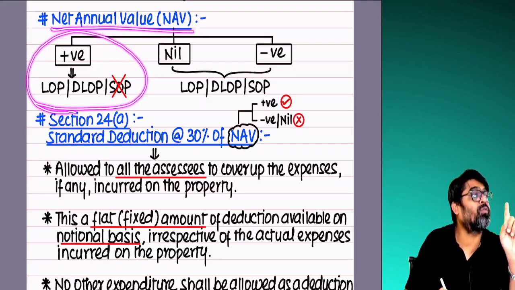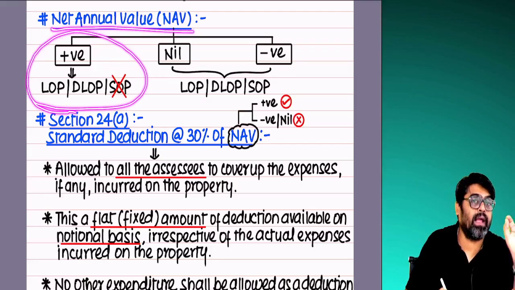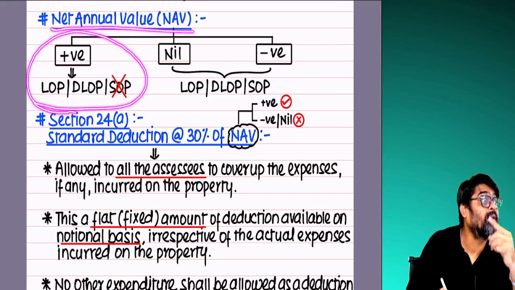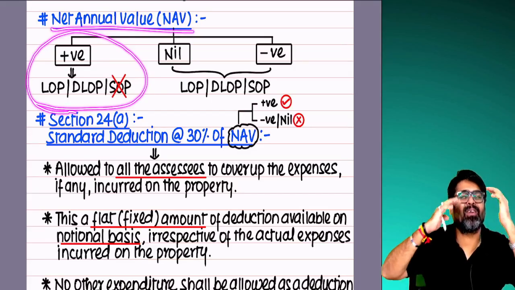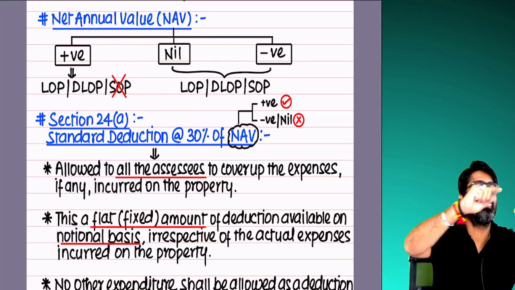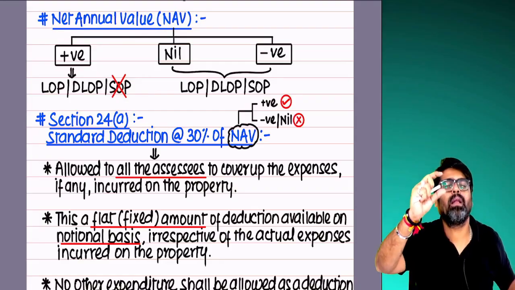So NAV of self-occupied property can never be a positive amount. It will always be nil. NAV of self-occupied. Understand, no? Remember that pro forma, remember that format. GAV of self-occupied property will be nil.